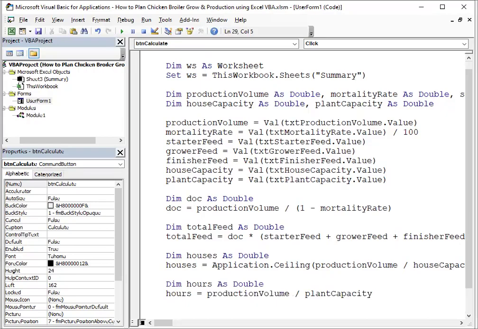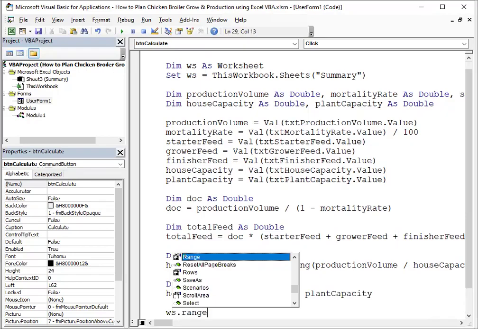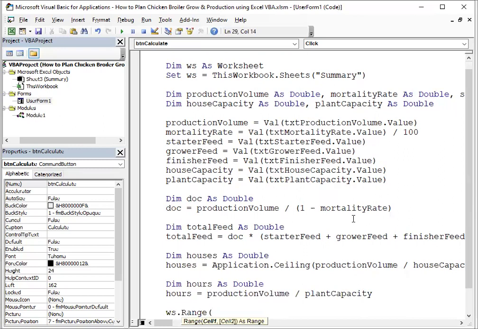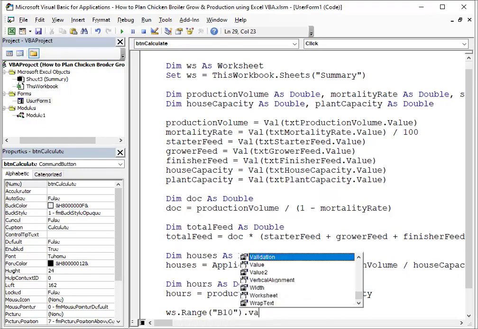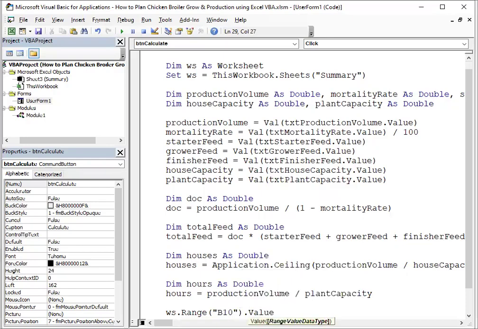Then I'm going to update the summary sheet: B10, B11, B15, B16 in the summary worksheet. This is an easy thing to do. WS.Range, B10 in quotation marks, then close. That value equals DOC.